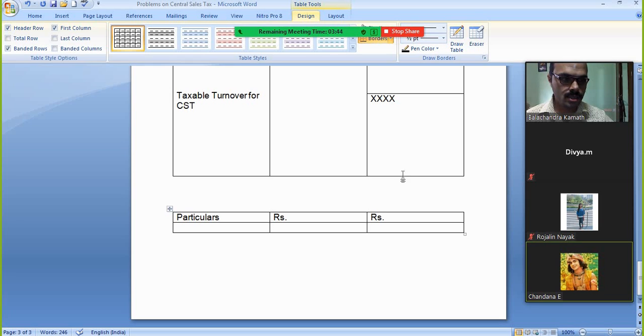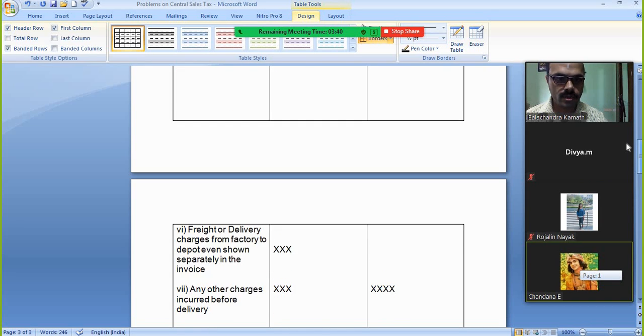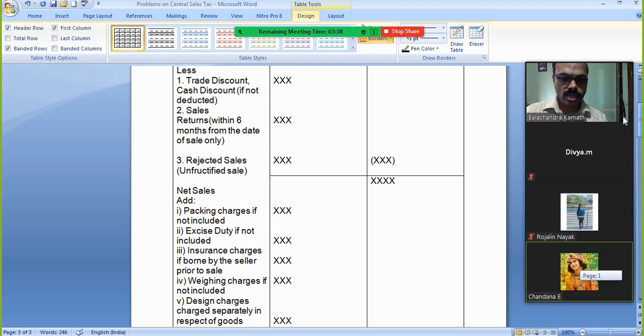If you see the format, it says excise duty you have to add to the sales if not included. Here it says excise duty is included in the sales. So excise duty we need not deduct, we need not minus it from the sales.